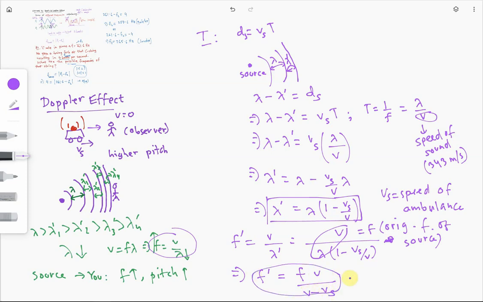This is the increased Doppler frequency for the observer standing still while the source moves closer.